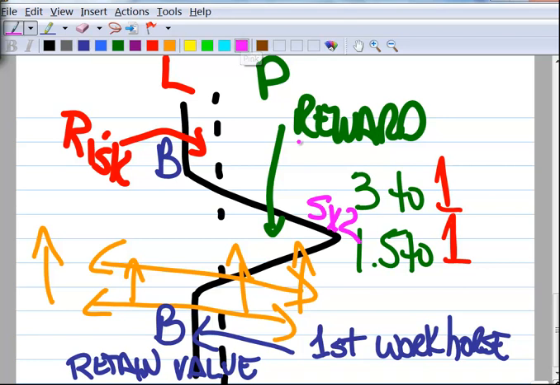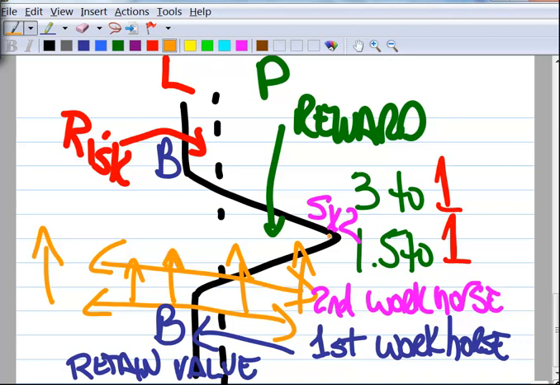So what I'm looking for is for that expensive leg to retain its value. What I also want is my second workhorse, my sell leg. As the stock moves into that range, and as long as it stays at or below that strike, what's happening to my sell leg? Think about it. I'm selling options.